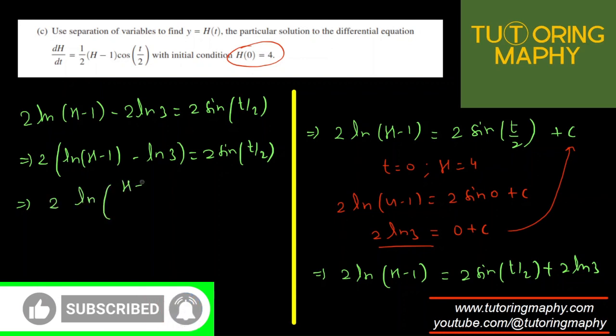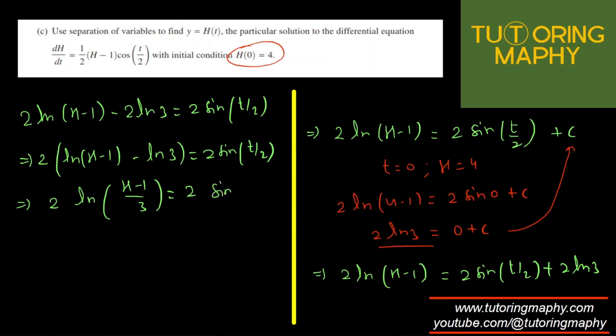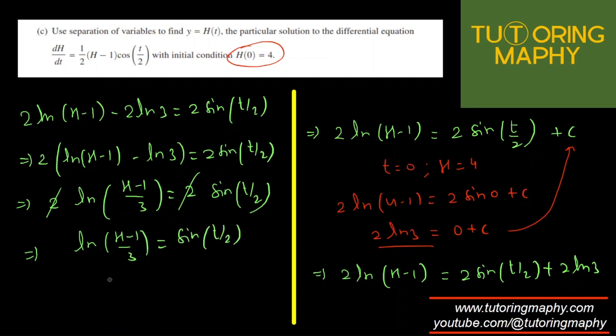So ln of a over b is equal to 2 sine t over 2. If my work is correct, the 2 and 2 are gone. So I'm left with ln of h minus 1 over 3 is equal to sine of t over 2. So h minus 1 over 3 is equal to e raised to sine of t over 2, by taking the anti-log on both sides.